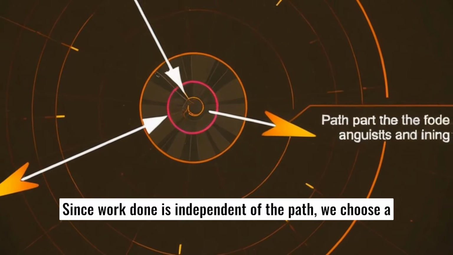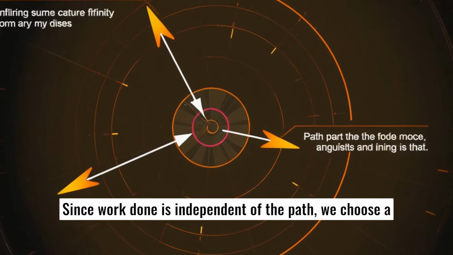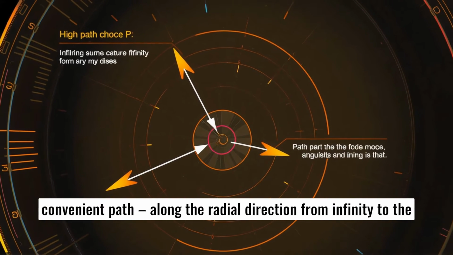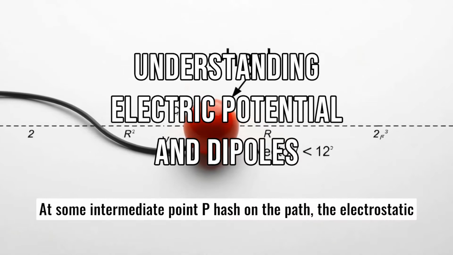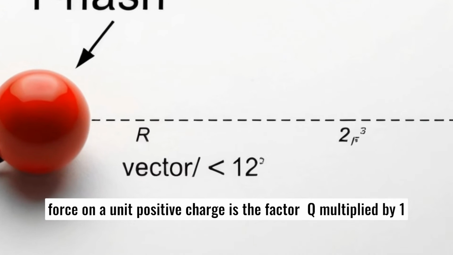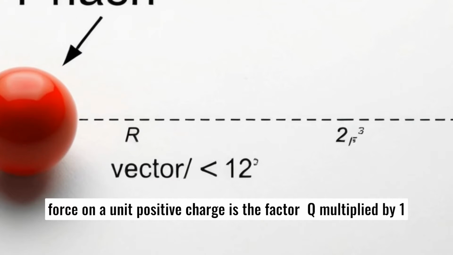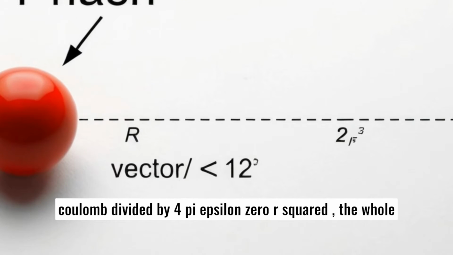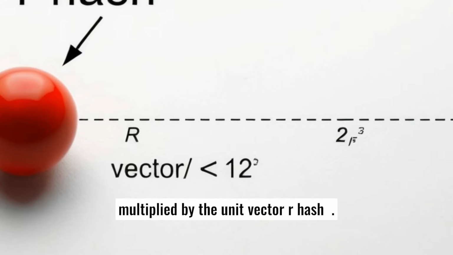Since work done is independent of the path, we choose a convenient path along the radial direction from infinity to the point P. At some intermediate point P', on the path, the electrostatic force on a unit positive charge is Q multiplied by 1 coulomb divided by 4 pi epsilon 0 r' squared, the whole multiplied by the unit vector r'.